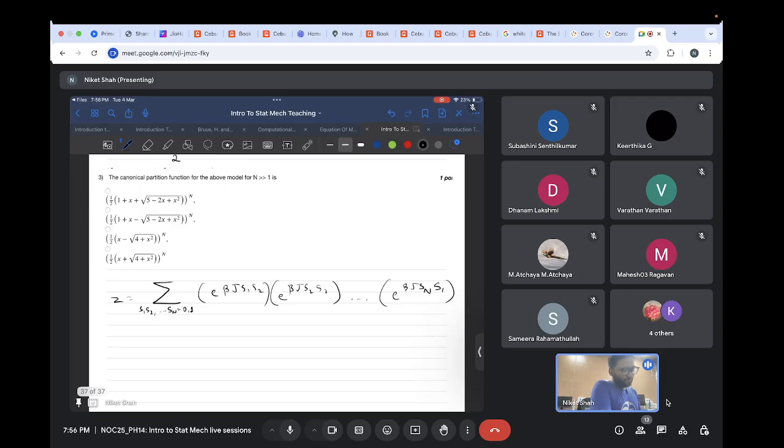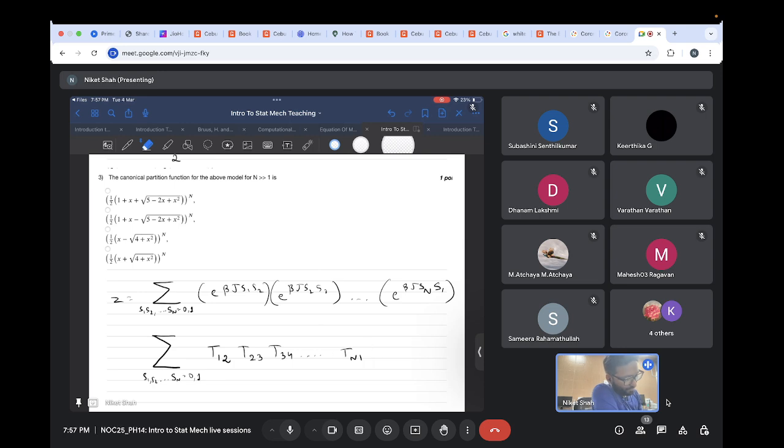Now look at this. These are basically elements of the transfer function. So the sum over s1, s2 till sn equal to 0 comma 1 of T12, where T1 2 indicate the lattice positions and whatever value of spin is there at that lattice position, T23, T34, up till Tn1.